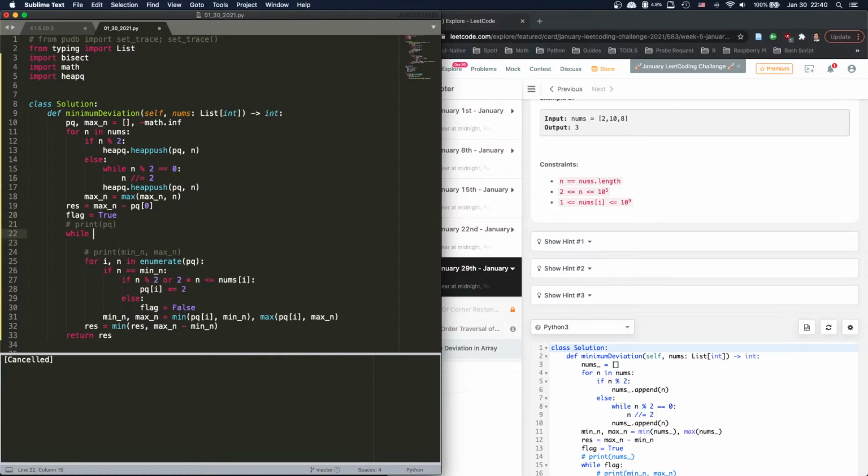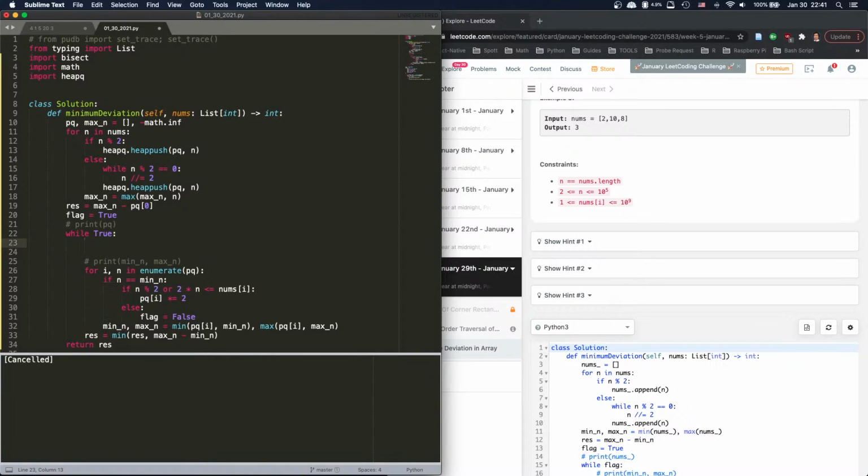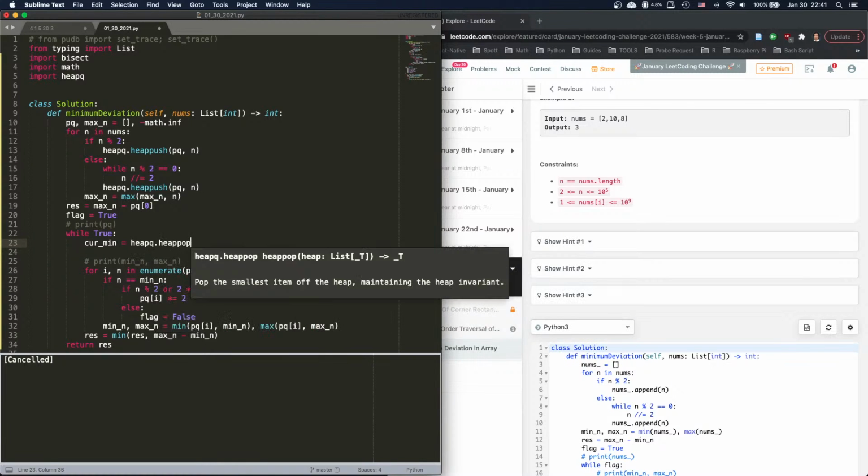Okay, so I think we can do this. So I actually want to go back to while true. Current min equals heapq.heappop.